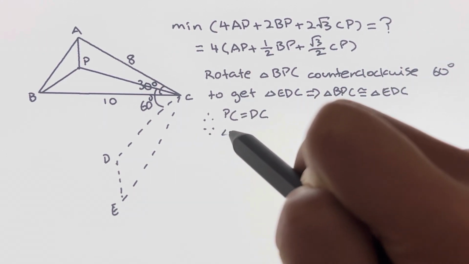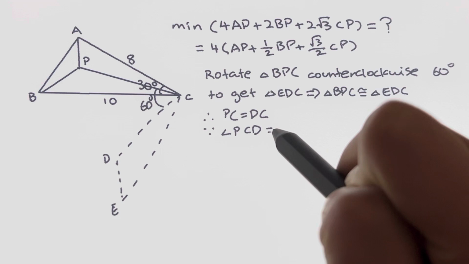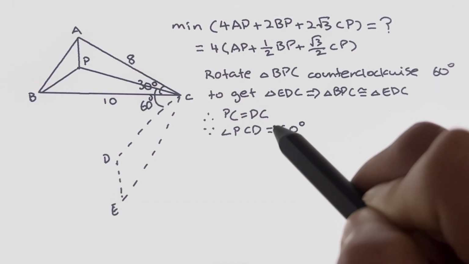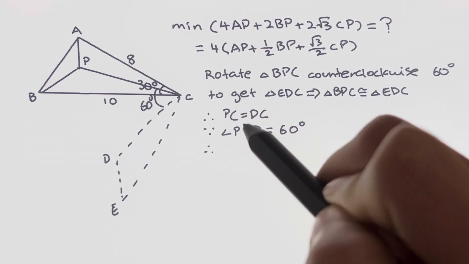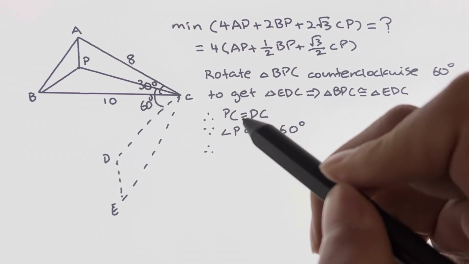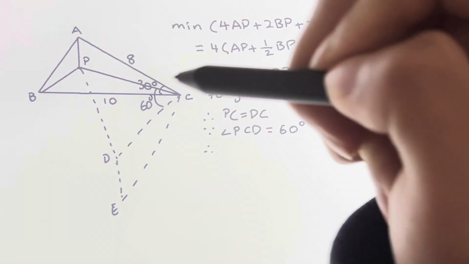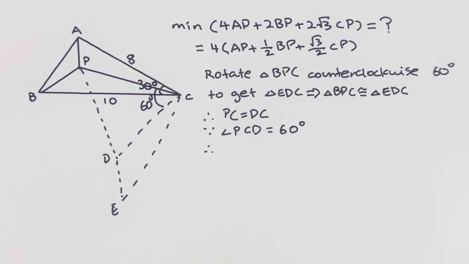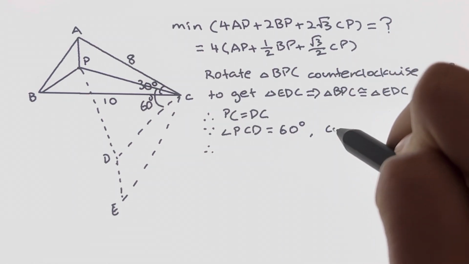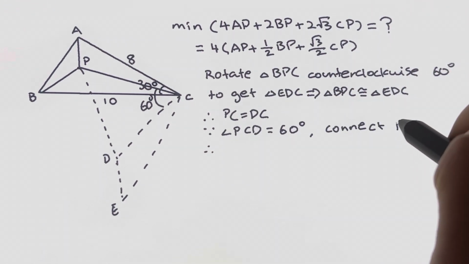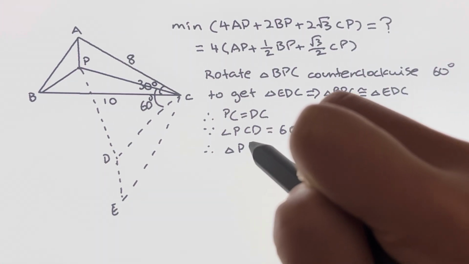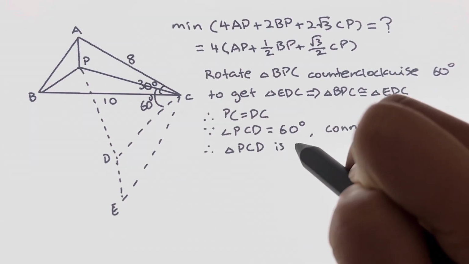And now since angle PCD equals 60 degrees, first of all, we realize that we have to connect PD to form the equilateral triangle. So a helping line that we have to make is to connect PD. We'll have triangle PCD as an equilateral triangle.